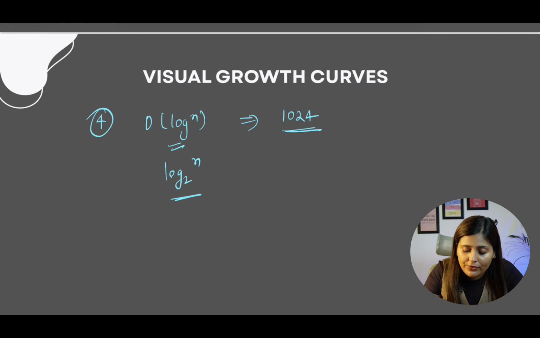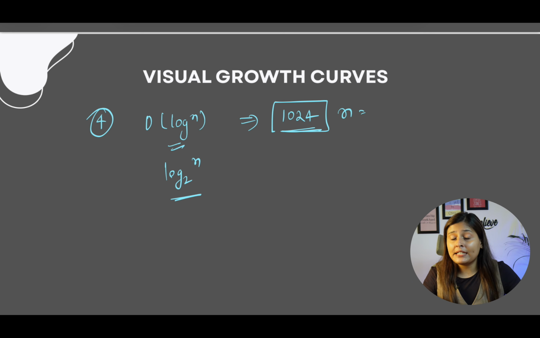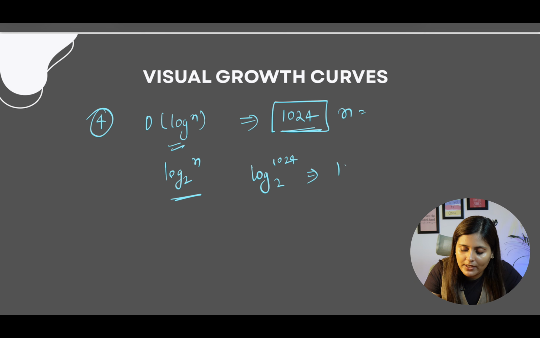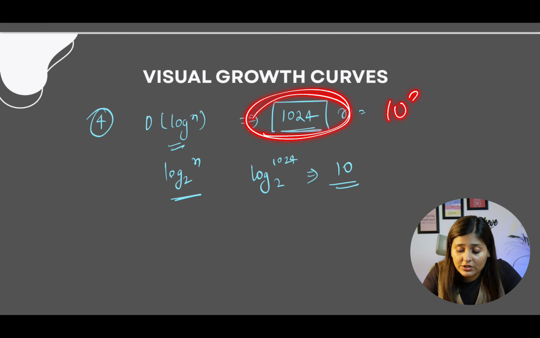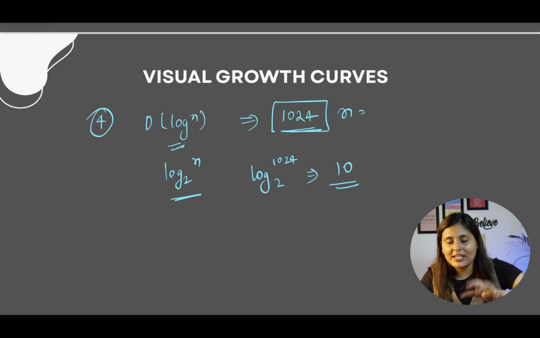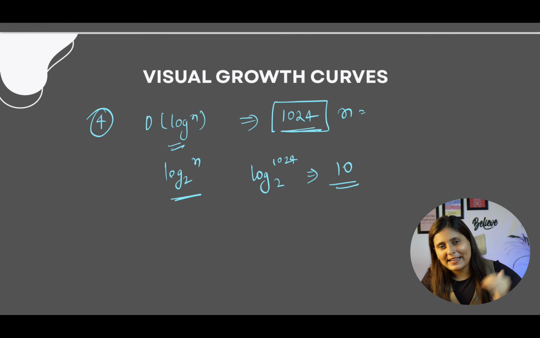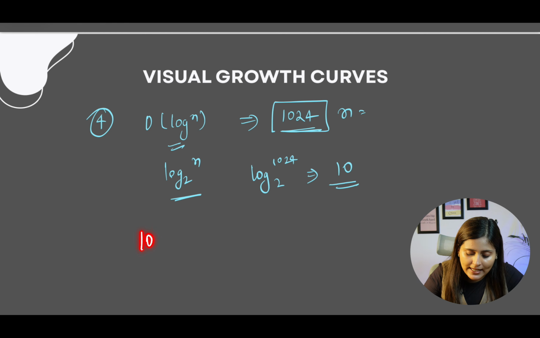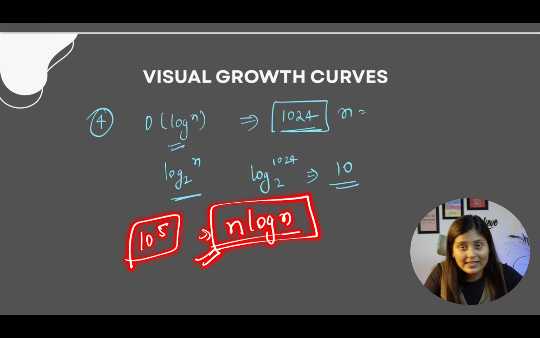So if n is 1024, definitely log of n will be, come on, calculate, it will be 10, right? So see, from 1000, which was 10 power 3, it has reduced to about 10 power 1. So the logarithm actually helps us reduce the time complexity to very small. And that is why when we say 10 power 5, the approach can go till n log n, and it will get submitted.